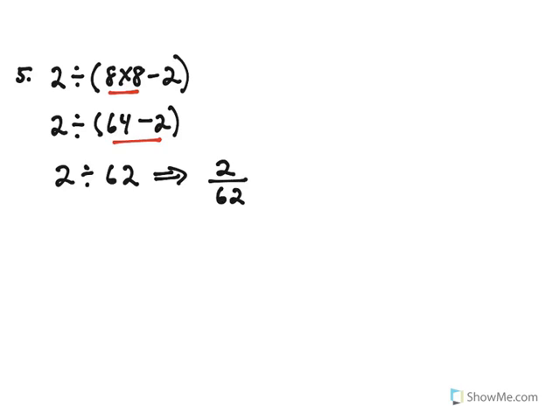And what you can do is, remember, the first number is going to be your numerator. And then your second number is going to be your denominator, okay?